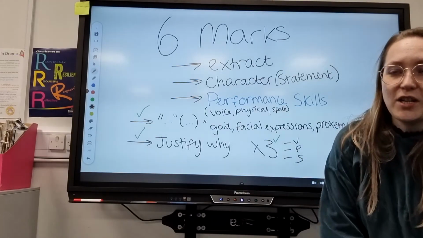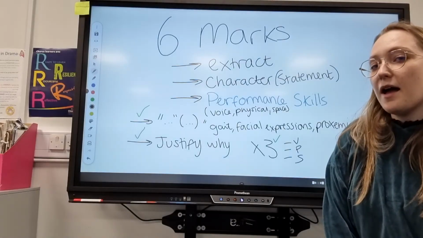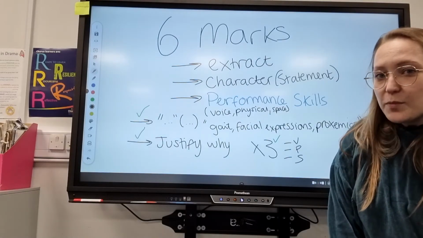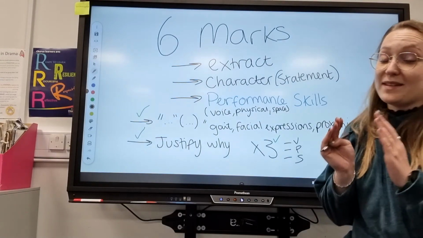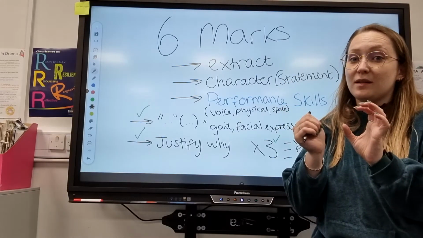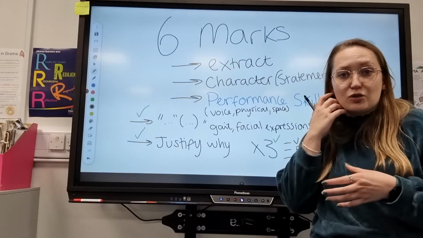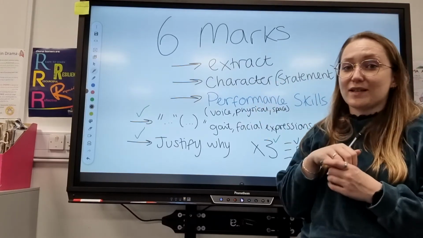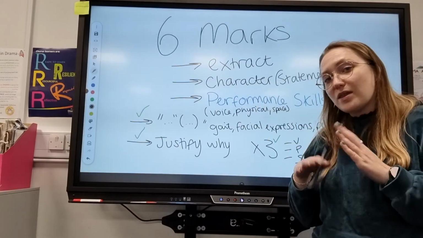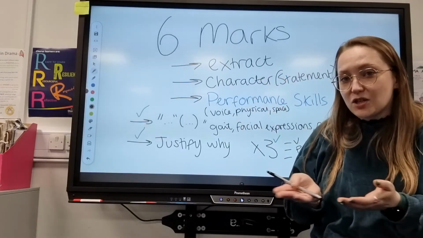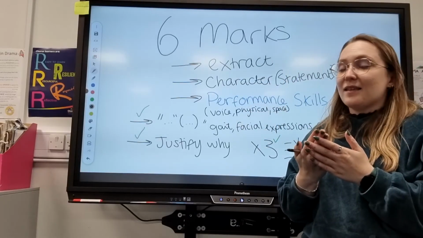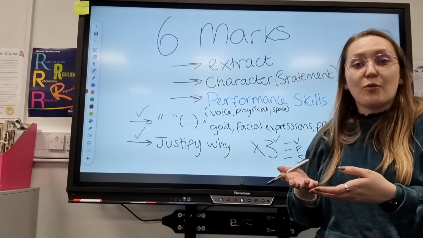Now, this question in particular, it gives you the option of talking about the same type of skill twice if you want to, but I wouldn't spend the whole question talking about vocal skills, for example, just because you're not showing that you have the full knowledge of what it is that goes into performance skills.